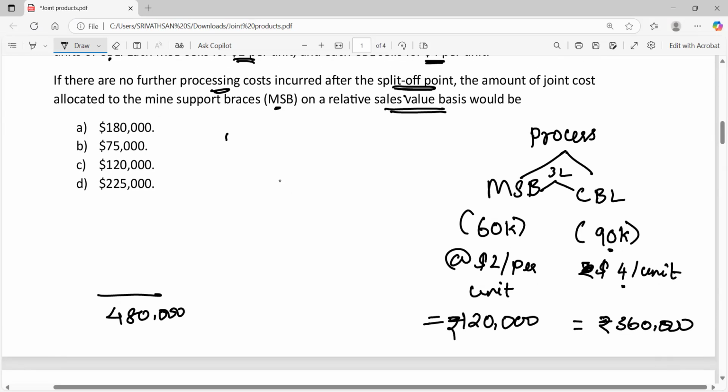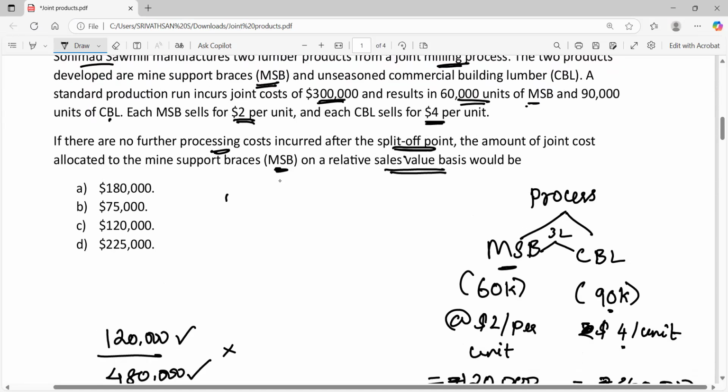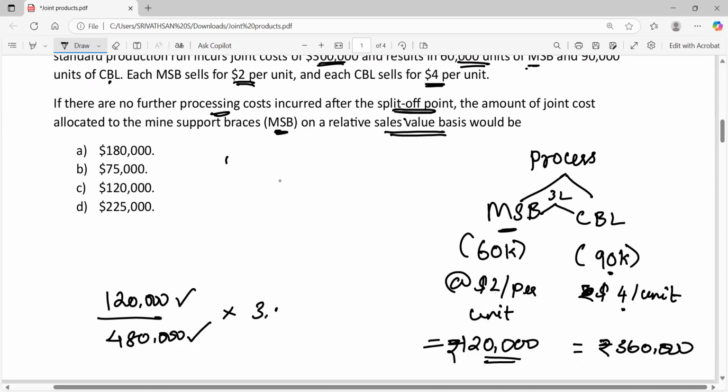They are asking us to calculate the amount of joint cost allocated to MSB only. What is the sales value of MSB? It is 1,20,000. 1,20,000 is the sales value of MSB, and the total sales value is 4,80,000, into the joint cost, which is 3 lakh rupees. So the total sales is 4,80,000, out of which 1,20,000 is coming in the form of MSB.